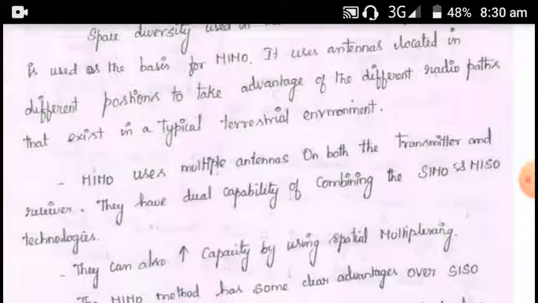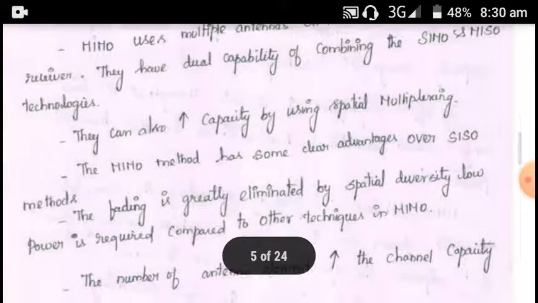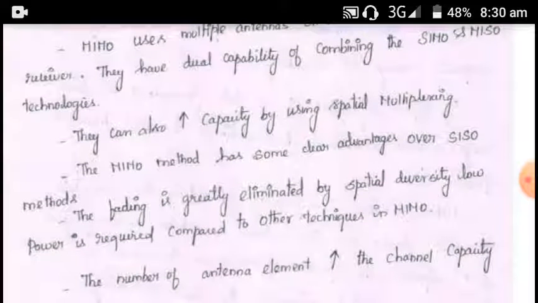Okay, they have the dual capability of combining the single input multiple output and multiple input single output technology. They can also increase the capacity by using spatial multiplexing. So by using the spatial multiplexing, the capacity will also increase.